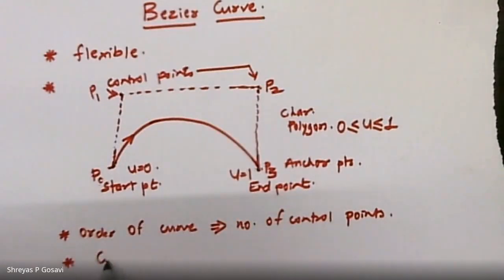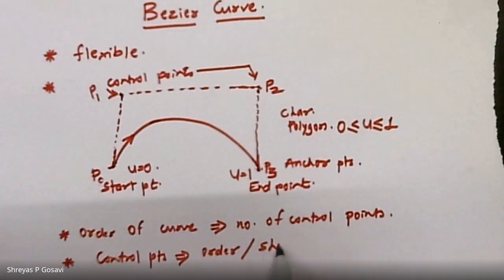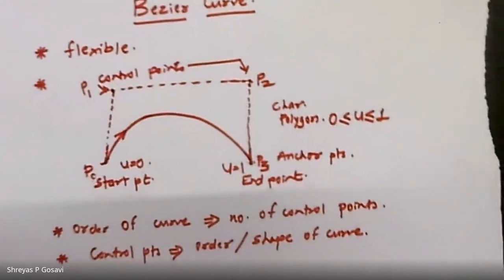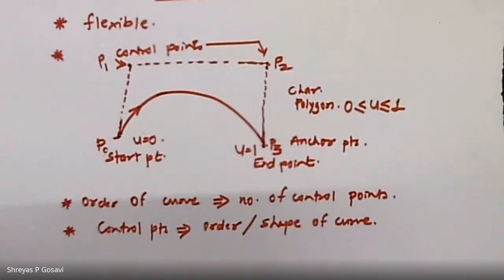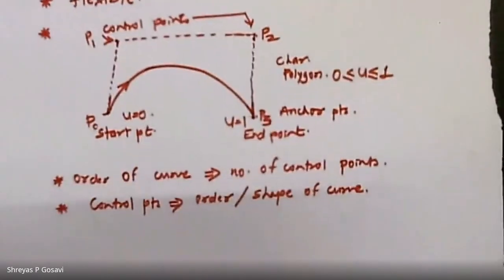So the control points define the order as well as the shape of the curve. As the order of defining the control points changes, the shape of the curve will also change.